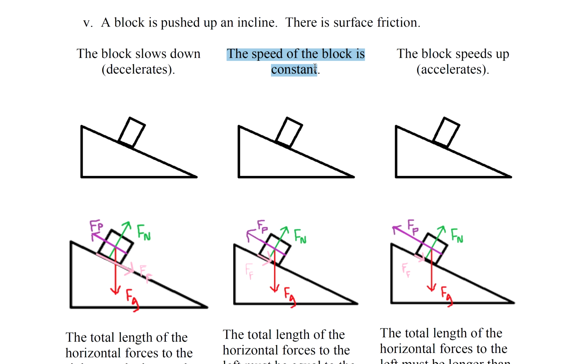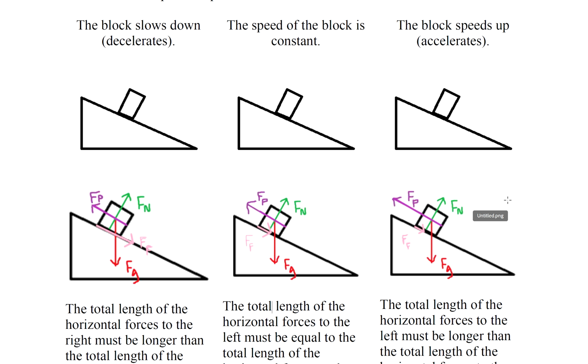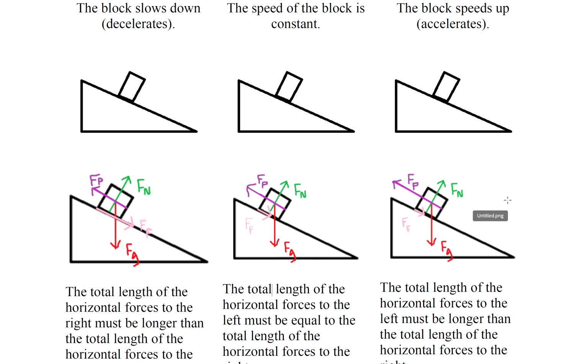Second part, the speed of the block is constant. So force of push to the left should equal normal force and force of friction to the right. Finally, the block speeds up, it accelerates. So the force of push to the left should be greater than force of normal to the right and force of friction to the right.